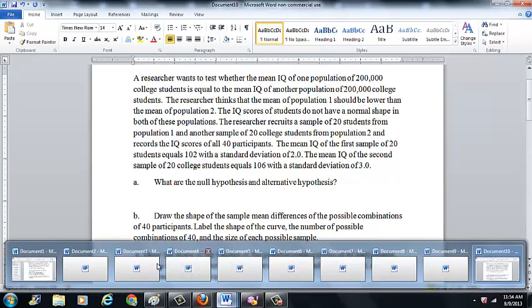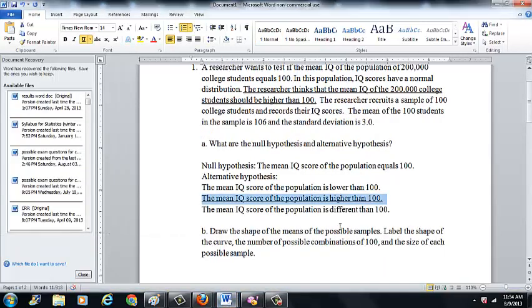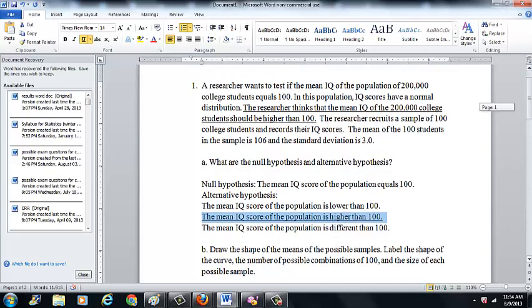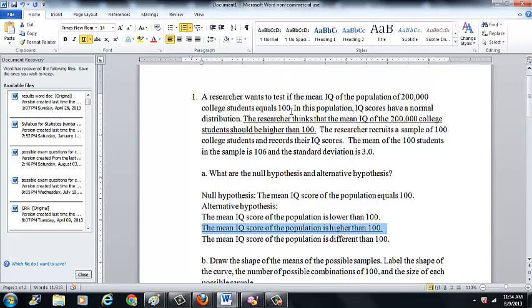This is the wrong question. Okay. Draw the shape of the means of the possible samples. First, we have to know what the shape is going to be. So it says, in this question, IQ scores have a normal distribution in the population.